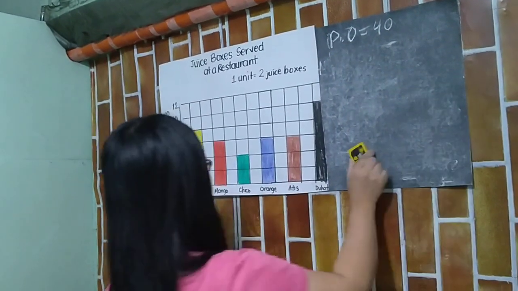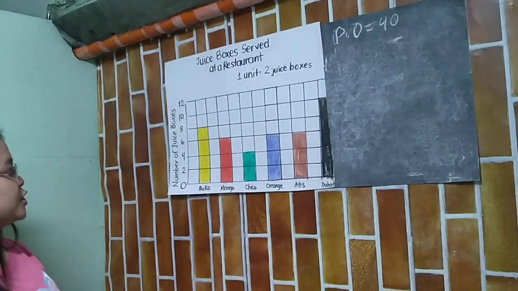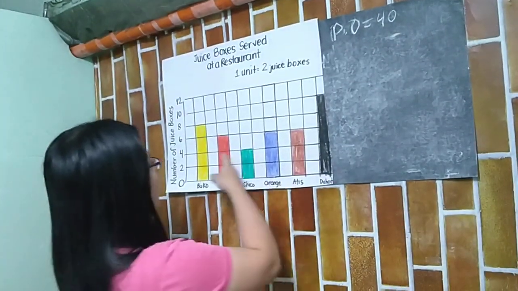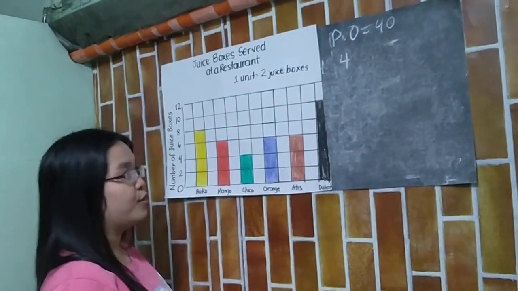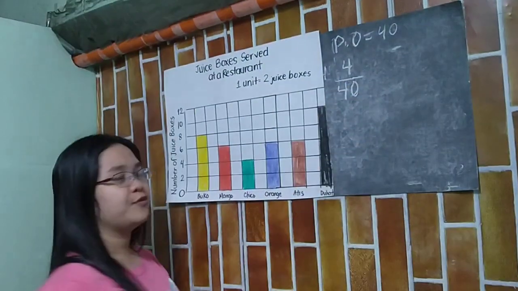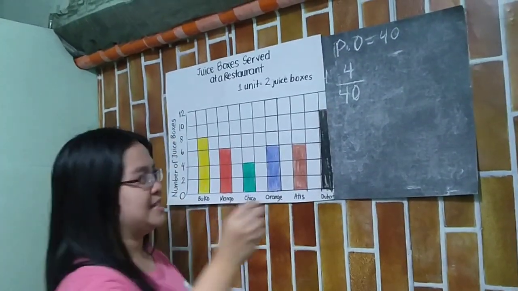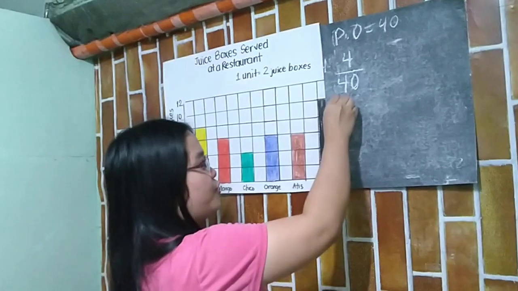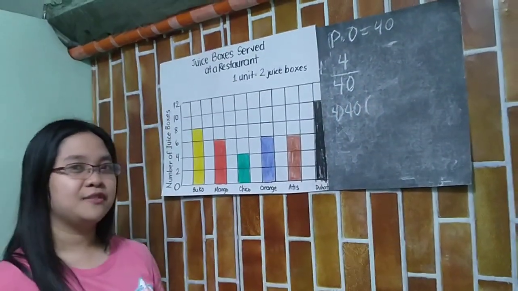How about the next kind of juice that we have? Okay, chico. So, the chico there has only 4. So, our favorable outcome is 4 and our possible outcome is 40. We can also simplify this one by getting its GCF. So 4 and 40. How many 4s are there in 40?